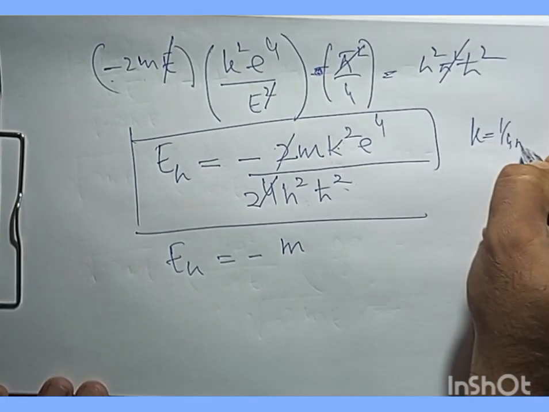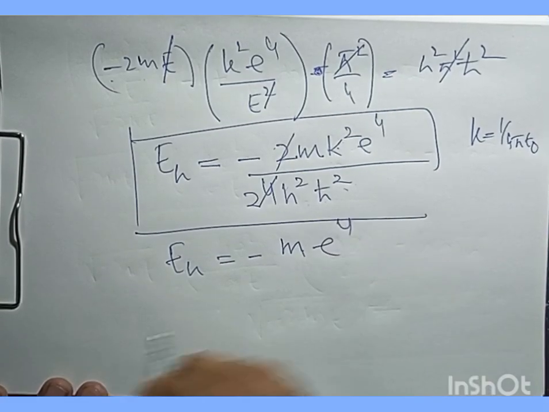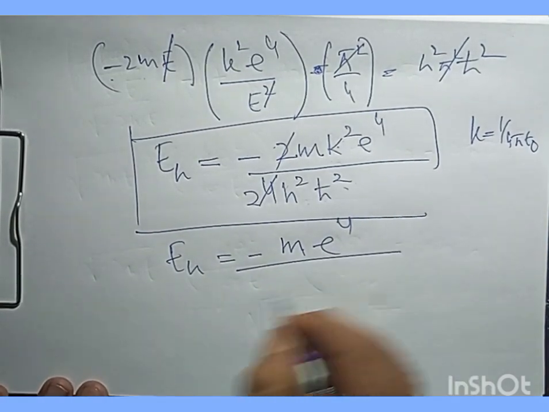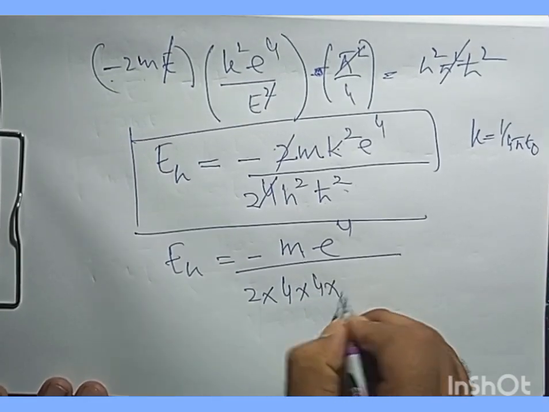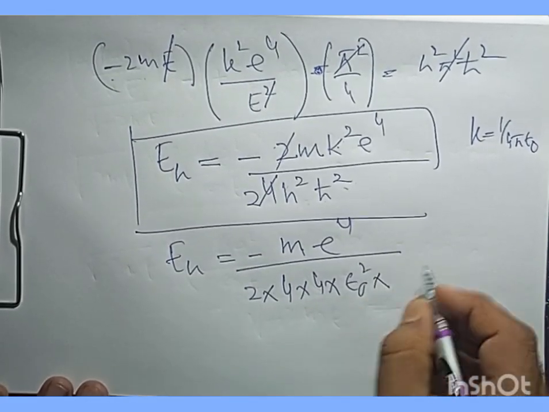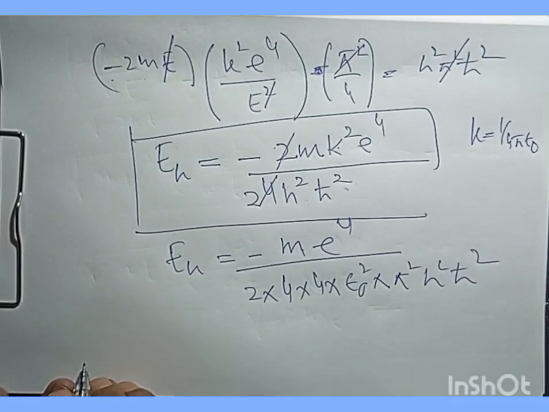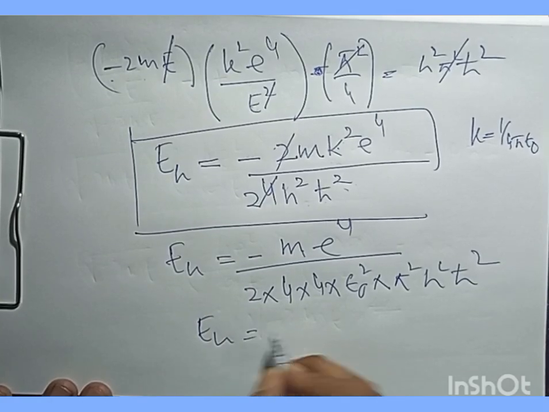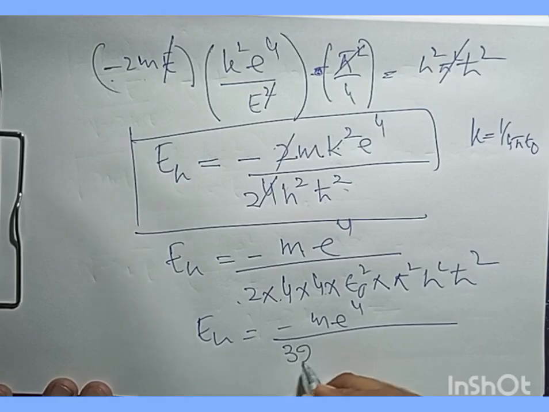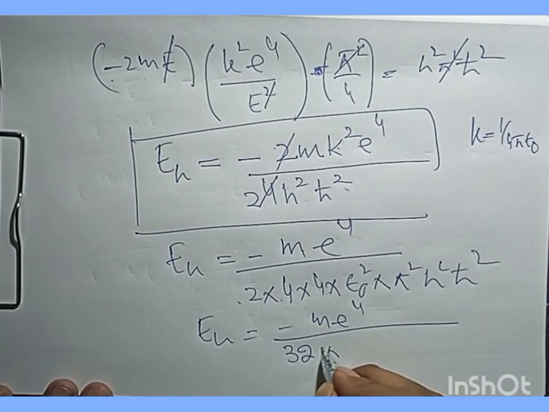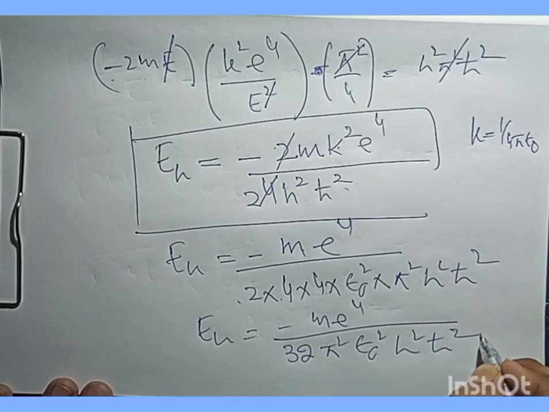K is 1 by 4 pi epsilon naught. This is m, then e to the power of 4. Then 2 times 4 times 4 times epsilon naught square times pi square n square h bar square. So en is minus m e to the power of 4, divided by 32 pi square epsilon naught square n square h bar square.